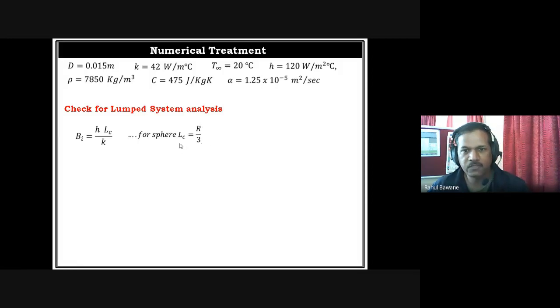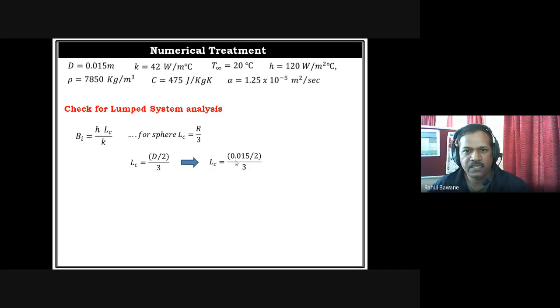How does it come? The characteristic length of any solid is nothing but volume divided by surface area. On simplifying, we conclude that for a sphere it is radius upon 3. We know the diameter, so half of it becomes the radius.